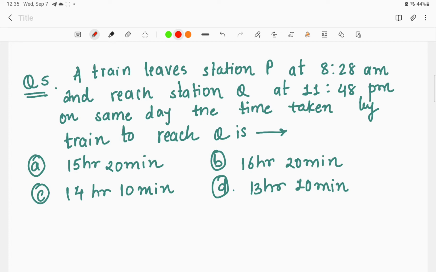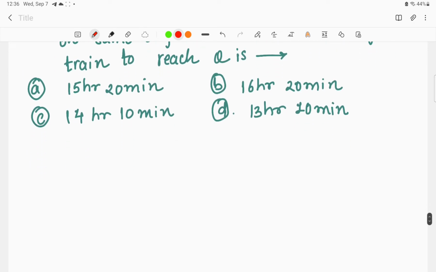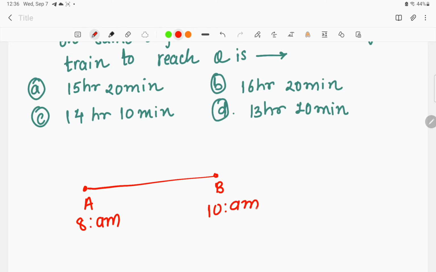Whenever the question is asked, there are two specific times given, where a person is starting from a particular position A. For example, before moving into this question, I will give you an example: if Radhika starts from position A at 8 a.m. and reaches position B at 10 a.m., what is the time required?